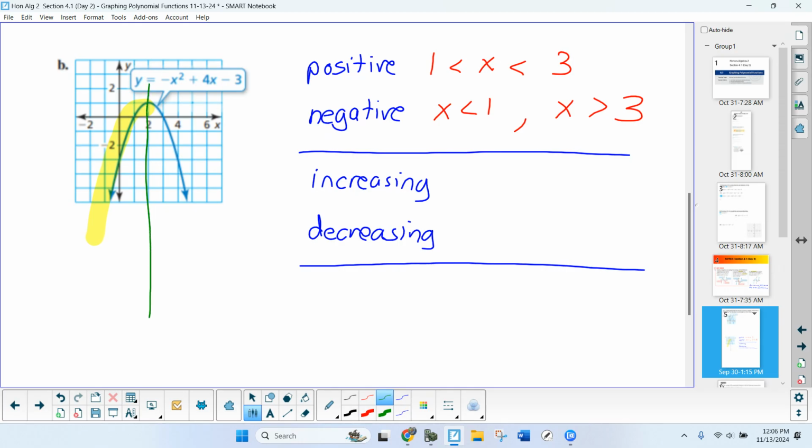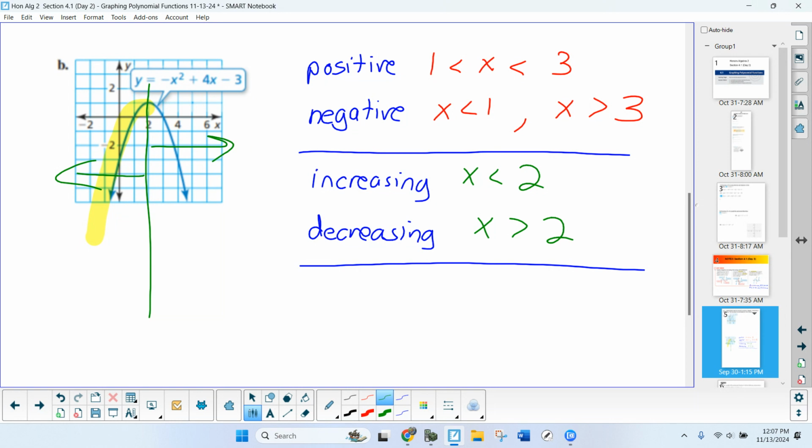It's always defined based on x. Don't look at y, you're looking at x. So it's increasing for values of x that are what? Less than 2. Once you get to 2, then you start doing what? Decreasing. And it's decreasing for values of x that are what? Greater than 2.